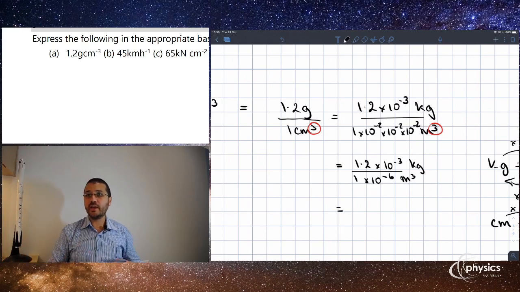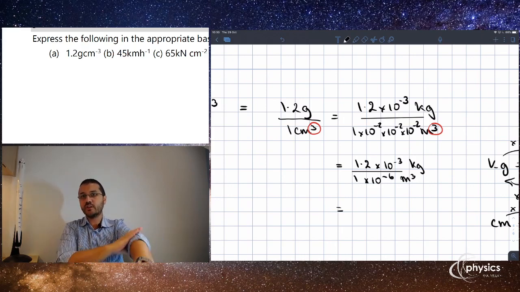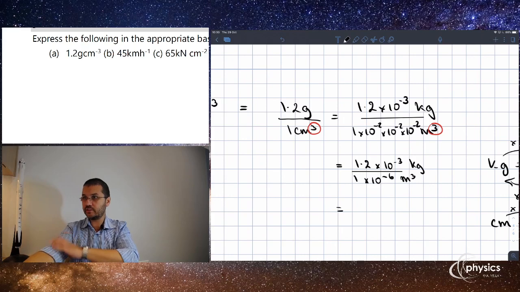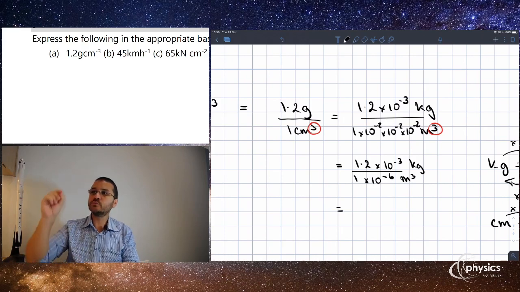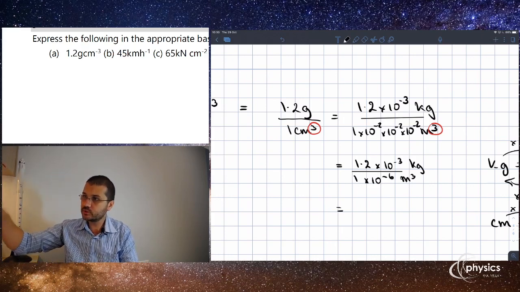Alright? In this case, you have to use the calculator, and you need to know how to use it correctly. When we have standard forms, as in this case, don't input times 10 to the power of on the calculator. You don't need to.